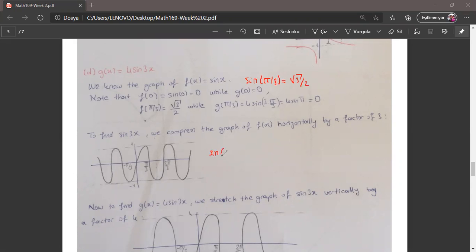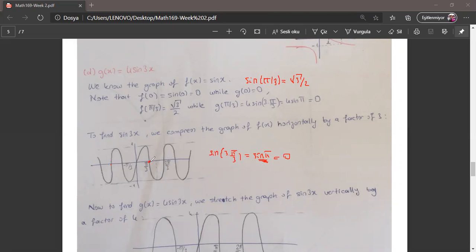So now for pi over 3, when we put x equals pi over 3, we get sine pi, which is 0.